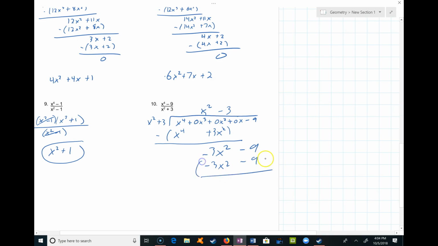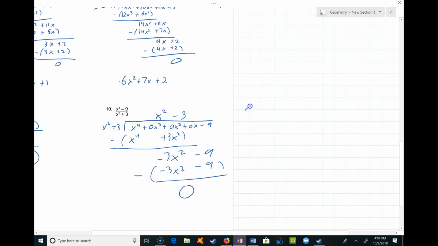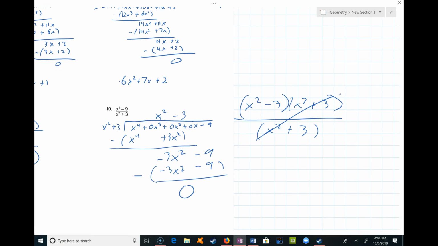And notice once again, when I subtract that, I get, I guess that was factorable. That's embarrassing. So yeah, I guess I should have known that was x squared minus 3 times x squared plus 3. Right? So yeah, I could have just done that. And once again, we did x squared minus 3. All right, so that's polynomial long division. Hopefully that was helpful.